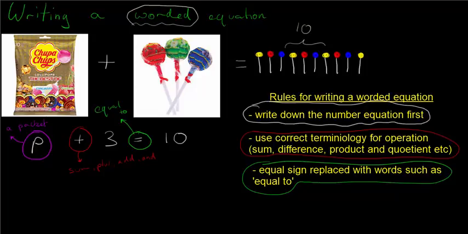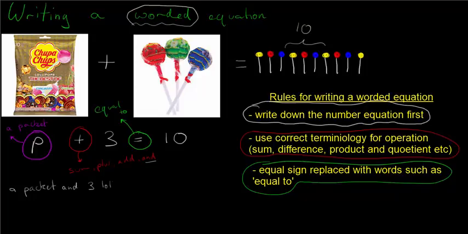So now we should have enough to put that number equation into words, right? We'll start with a packet, because we have one packet. We could say a packet plus 3 lollies, or we could even say a packet and 3 lollies, because remember, and is another word for plus. So a packet and 3 lollies.